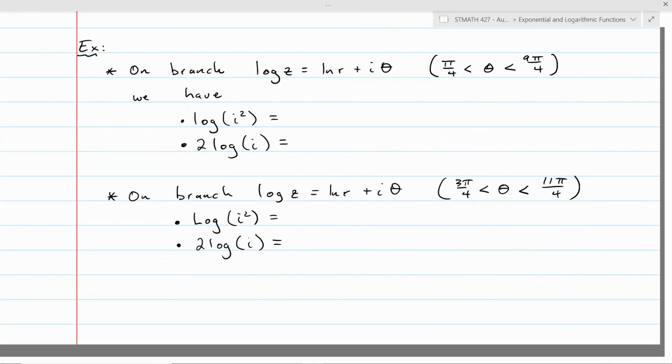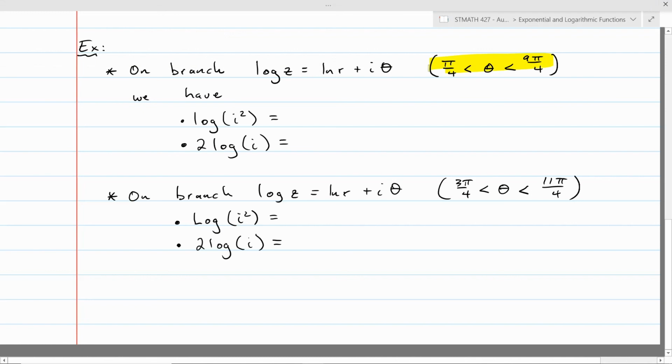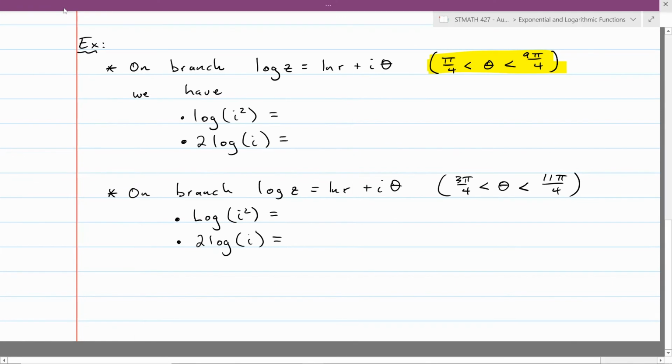Okay, so let's check out a few things here. So here I've got a branch of the logarithm, and you can see the branch cut is at pi over 4. And so we consider the angle starting at pi over 4 going up to 9 pi over 4. So with that definition, we could look at log of i squared. Okay, so that's the same as log of negative 1.